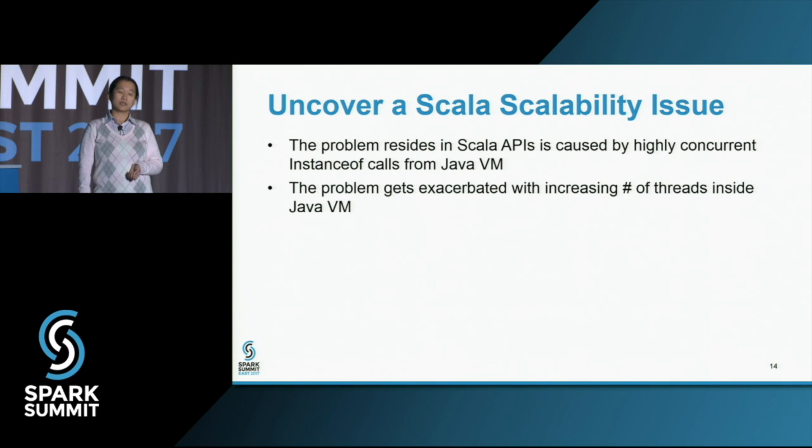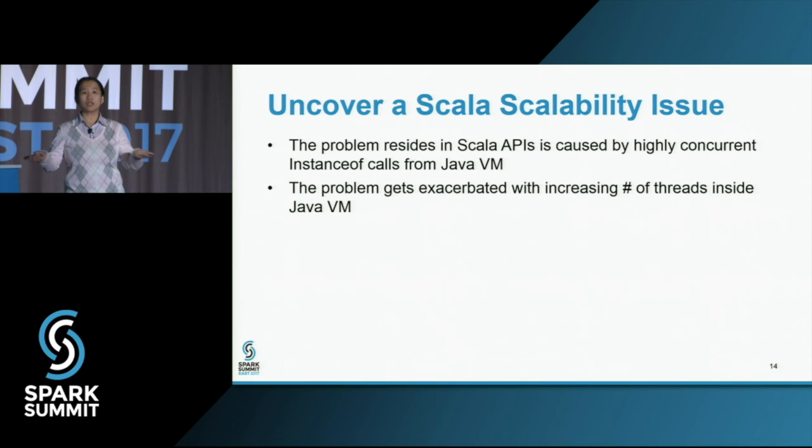The second example I'm going to give here is with the exact same tool, we identified another Scala scalability issue. The issue happens inside the Scala APIs. So Spark, a lot of Spark code is written in Scala, right? Which is caused by concurrent calls from the Java instanceof operator.